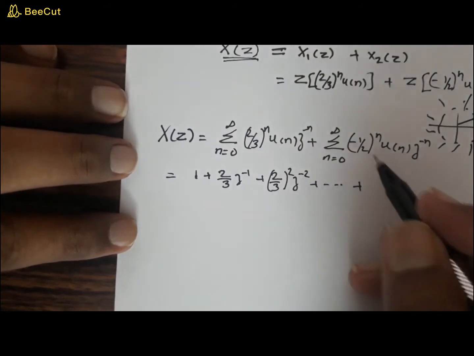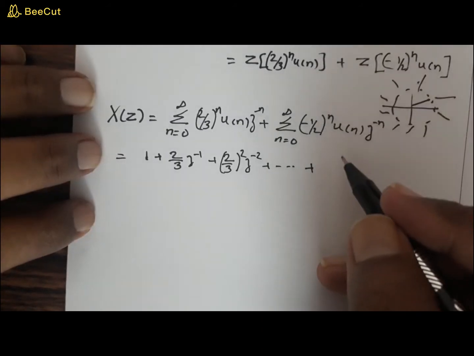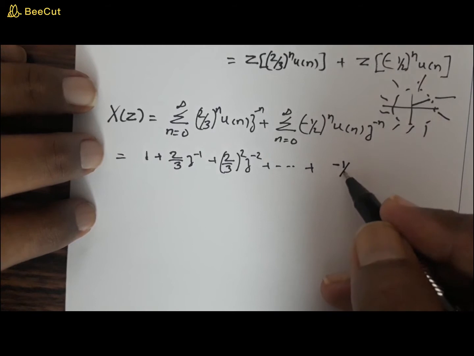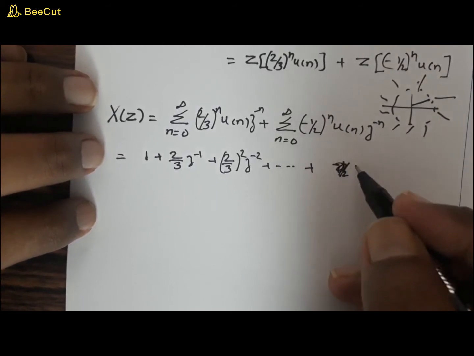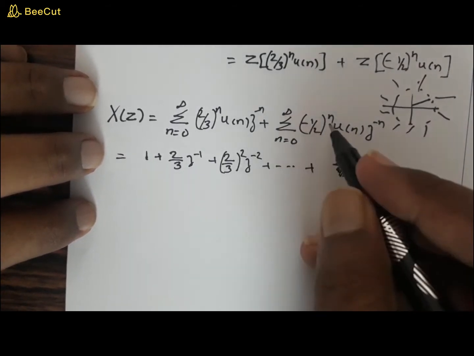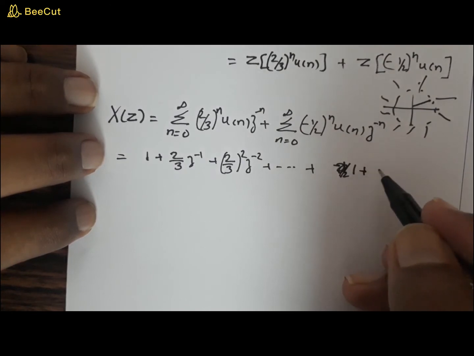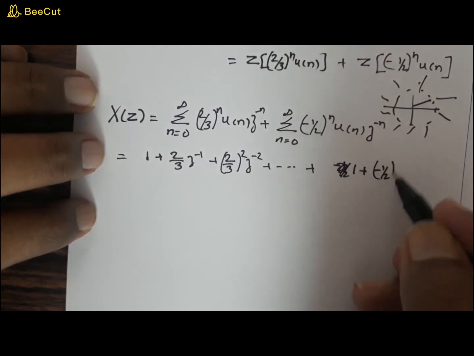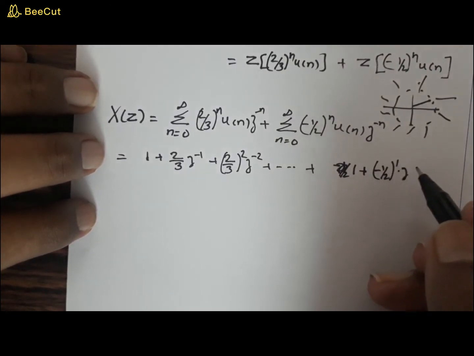Plus, now when you expand this summation, you will be getting this as minus half. So the first value will be 1, right? It is n equal to 0, 1 plus (-1/2)^1 into z^-1, right?